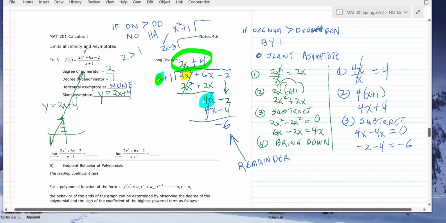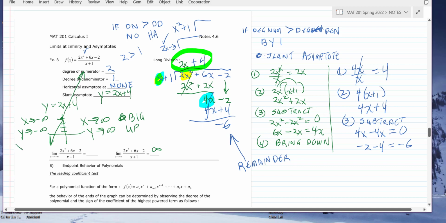So the idea is going to be, if x goes to infinity, y also goes to infinity. That just means if it gets big on the right-hand side, then the graph just goes up forever. So the answer to this limit, as x goes to infinity, is infinity. Look at the line if you go to the left. If x goes to negative infinity, then the y value is also going to negative infinity.